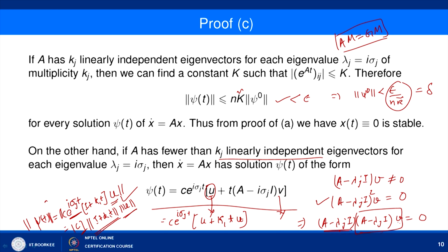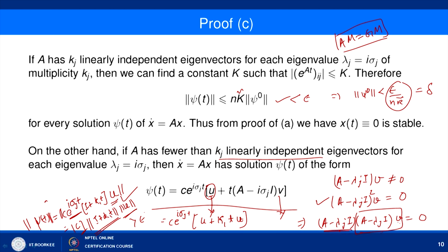So as t tends to infinity, the norm of psi t also tends to infinity. It means that psi t cannot be bounded by any given epsilon. For any given epsilon you can choose t large enough such that this quantity is bigger than that epsilon. So it means that psi t is not a stable solution.